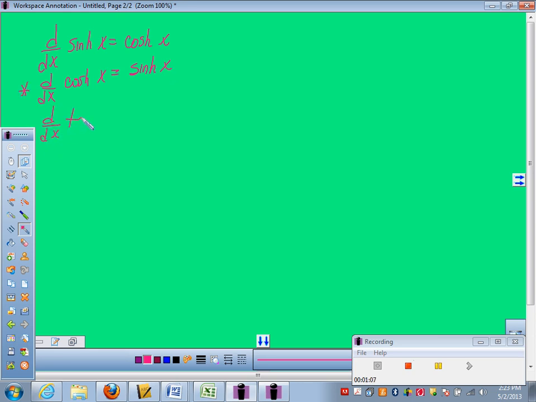So, hyperbolic tangent is still secant squared. Cotangent doesn't change. I'm leaving out my x's here. It's still negative cosecant squared.